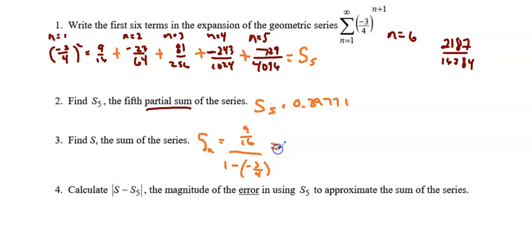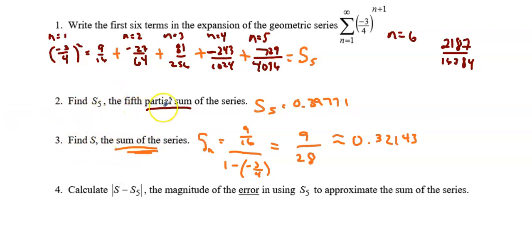And so when we do that, we're going to get that this is going to equal 9 over 28, right? 9 over 28. So that's the sum of our series. And if I wanted to find the decimal approximation for that, I get 0.32143.